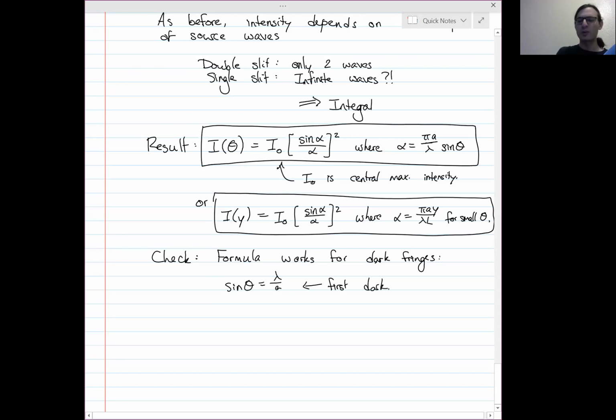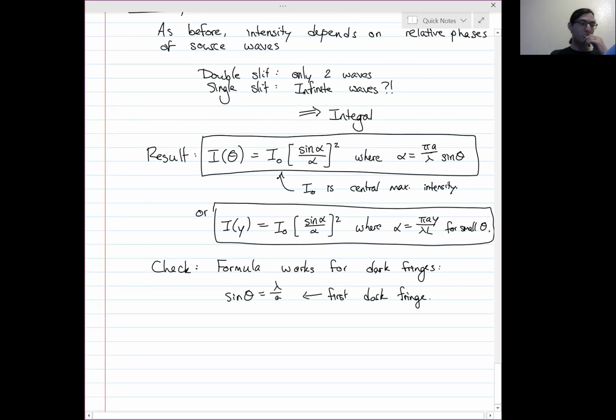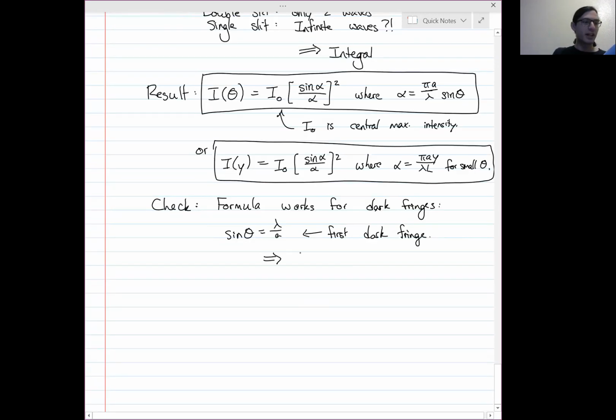By the way, the reason we call them fringes rather than spots is because if you're using a slit rather than a hole, they usually appear as lines, hence fringes. The first dark fringe from the formula above means that a over lambda times sine of theta is equal to 1.